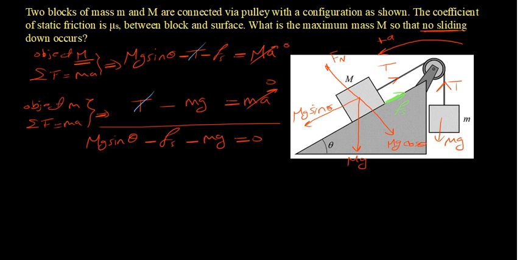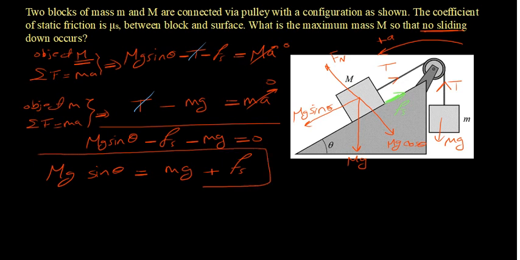I could write it like this: Mg sine theta equals mg plus static friction for now. So I'll leave this equation here in this rectangle box temporarily, and we will get back to this very, very soon.